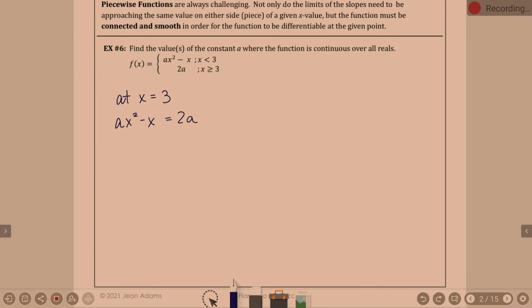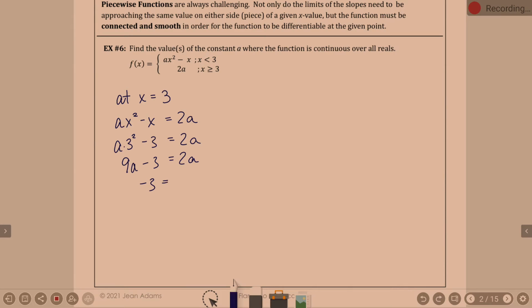So, right there, plug in your 3. What's happening here? Three squared is 9. 9a minus 3 equals 2a. And then subtract 9a.